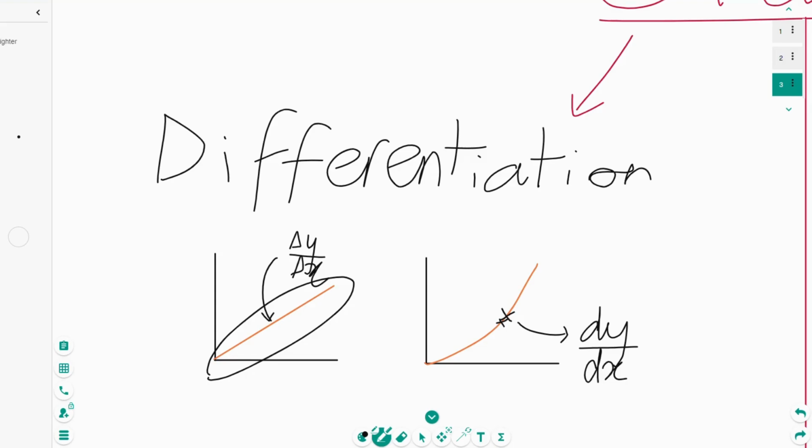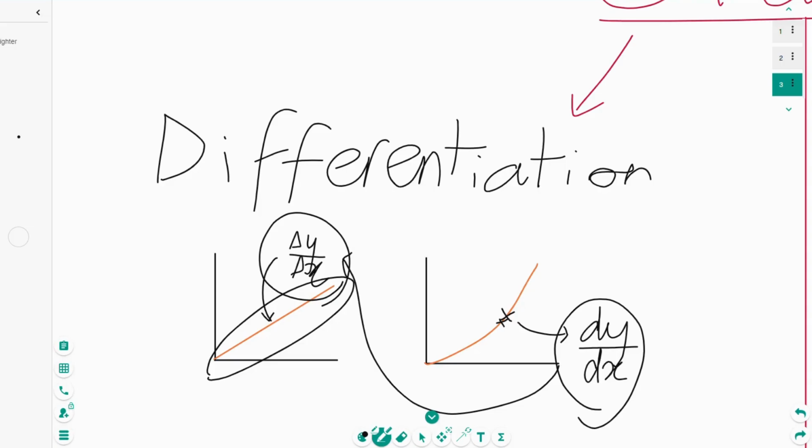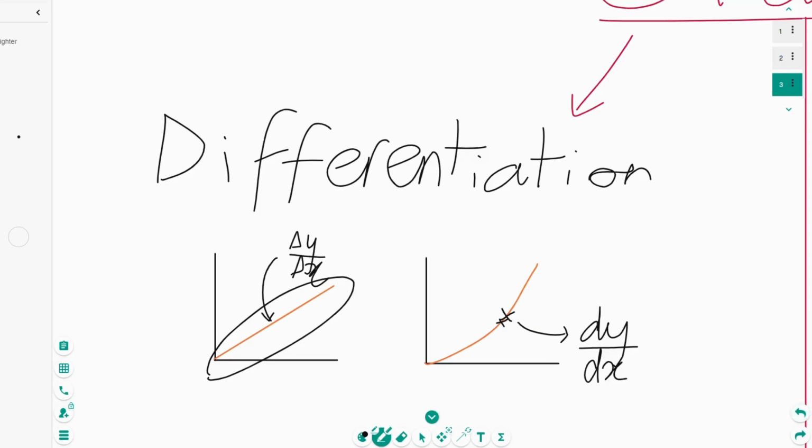But have you noticed how similar this looks to the original notation of delta y by delta x? How is it similar? Well, delta starts with a d, doesn't it? And d is before y and it's also before x.